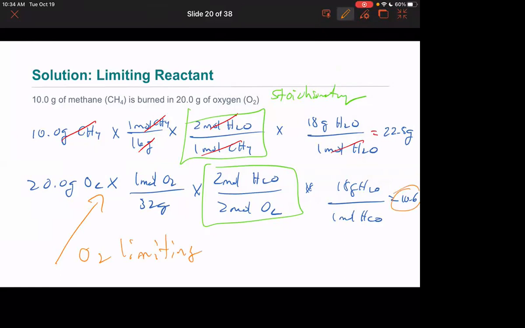So O2 is limiting, and we will get 10.6 grams of water for this reaction. And that's all we did. We calculated the product given the 2 starting amounts.